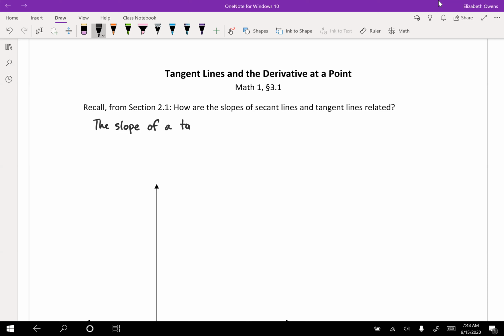This is what we considered the limiting case of a bunch of secant slopes. So the slope of a tangent line is the limiting case of the secant slopes through a point.